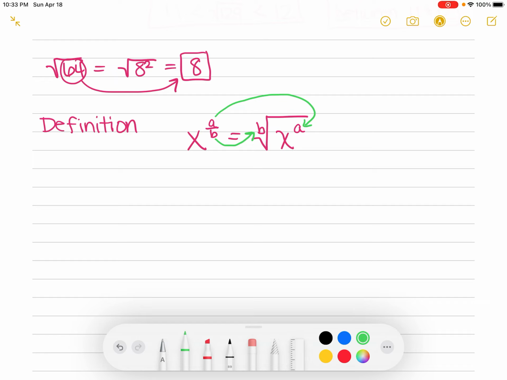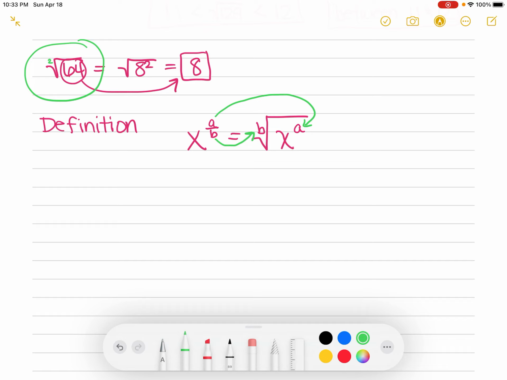Okay, so let's look back up at this one. If you have a square root, it is implied that it's a 2 right there. So if it's a 2, we don't write it. Kind of like during all of algebra, I've been saying you don't have to write ones. Well, in square roots, you don't have to write the 2. But now we're going to get into some where they're not square roots.